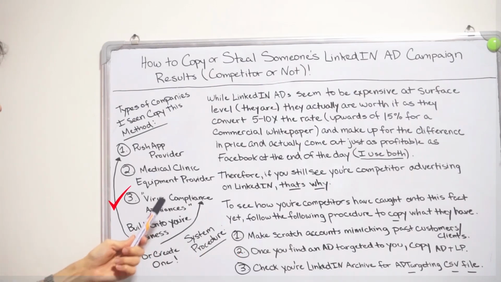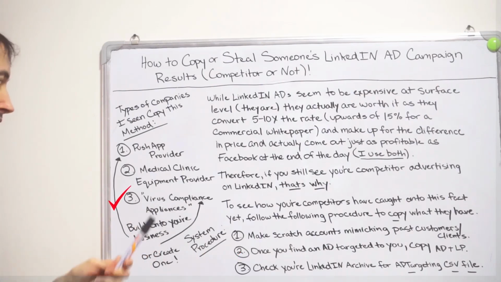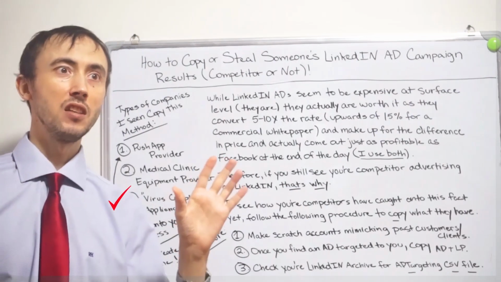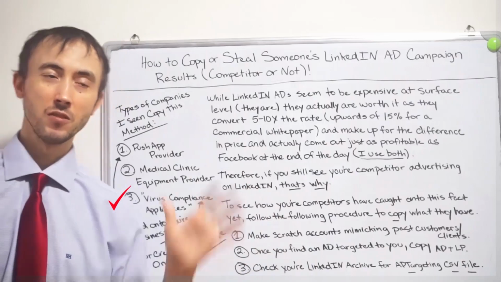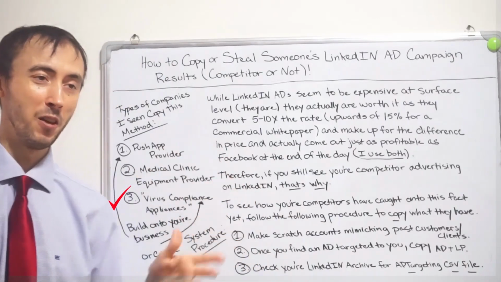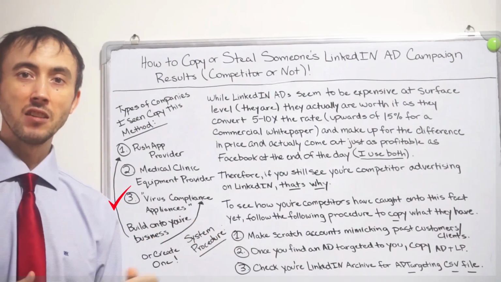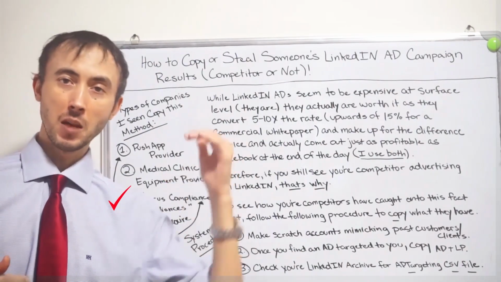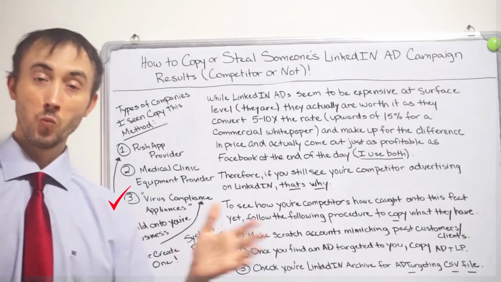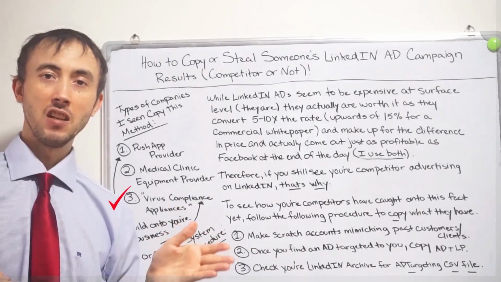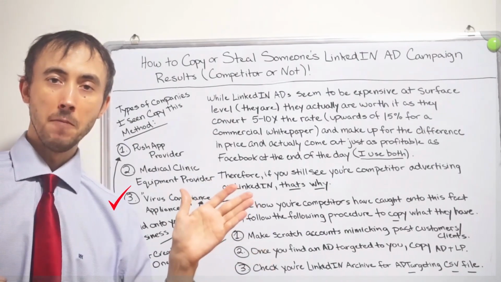The last one is virus compliance appliances. So what I mean, the C virus, I don't want to say it because of the YouTube algorithm, but there's certain equipment, like automated temperature checks, so people don't even have to stick their head up to the machine.